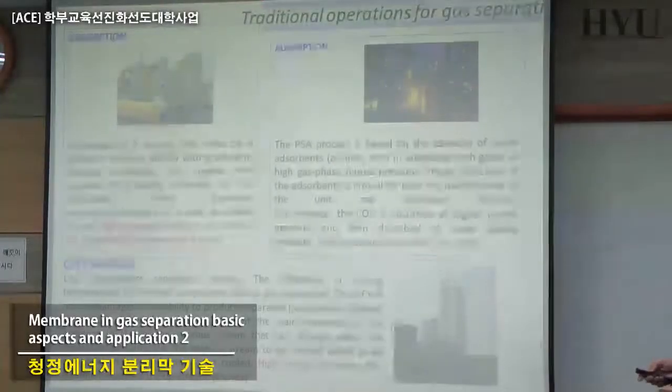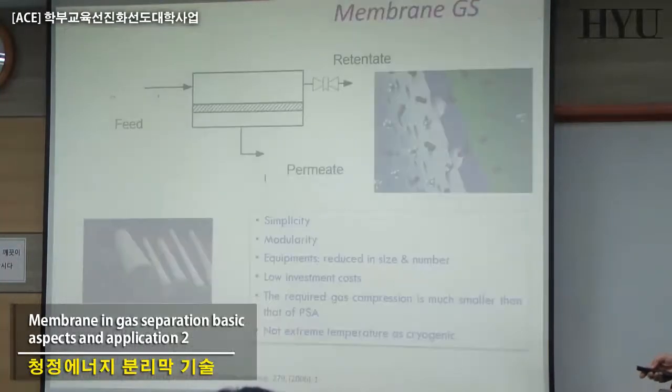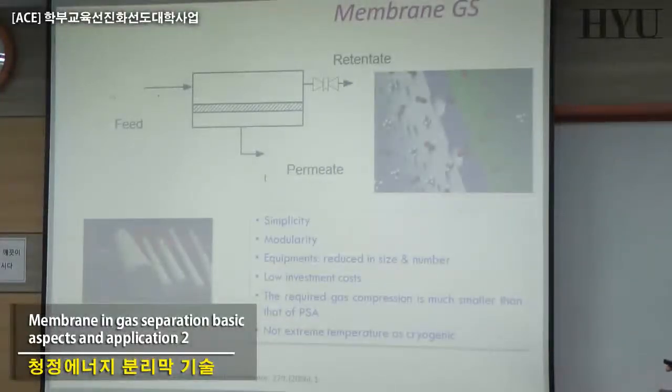They can still compete in terms of cost, because the technology exists, it has a very long history, etc., but not in terms of process intensification strategy. And that's why the membranes are the ones that people are more and more using, and you know why.